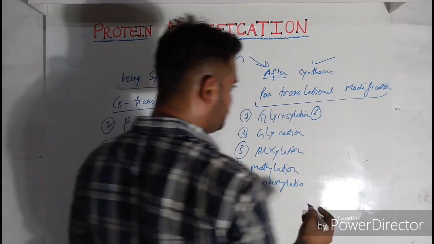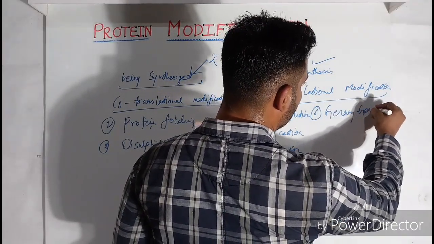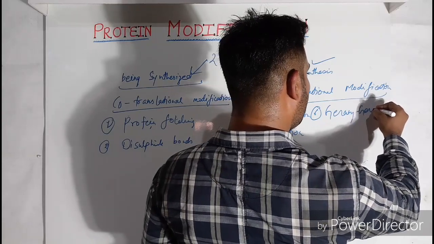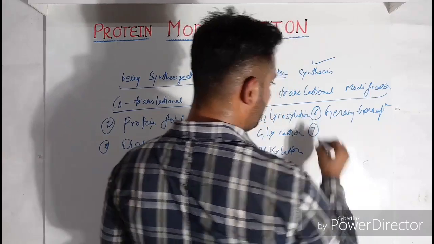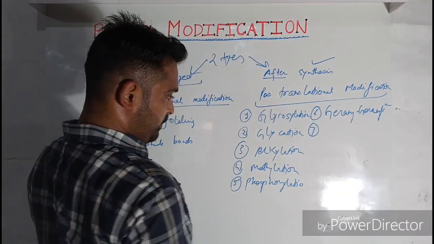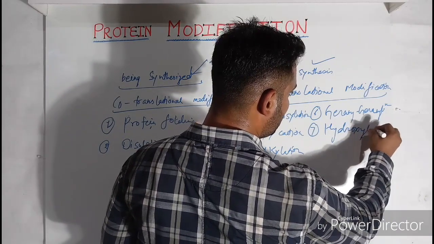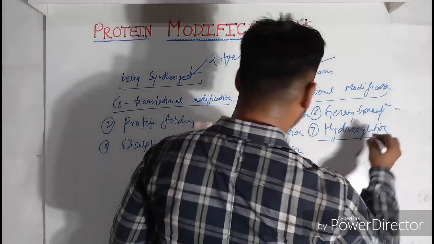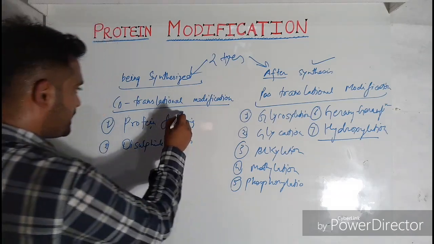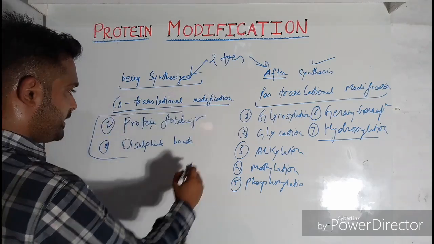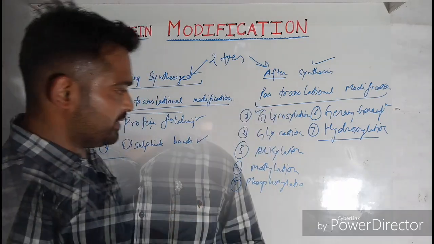We also have granulation. What more do we have? Hydroxylation. These are all the modifications, and there are many more, but we are mainly concerned with protein folding, disulfide bonds, glycosylation.